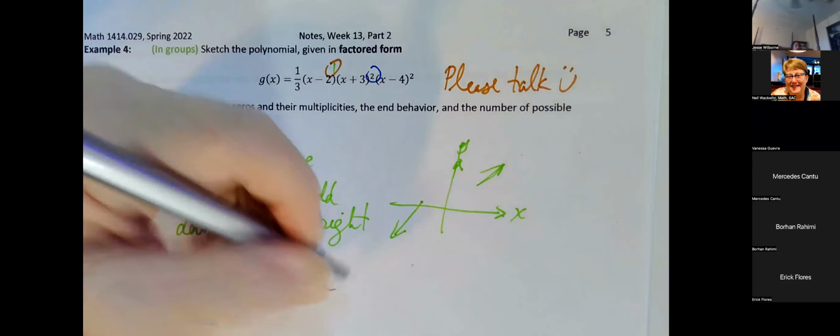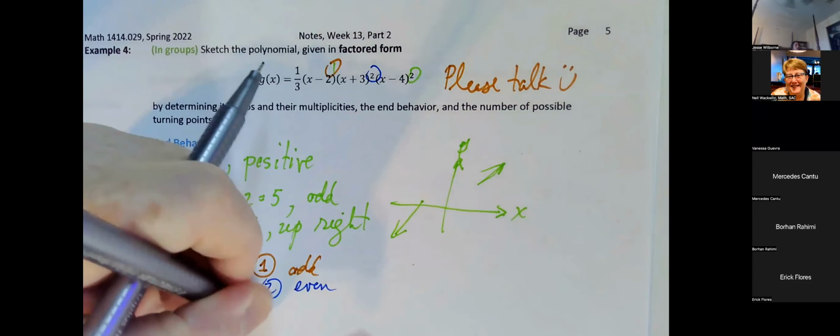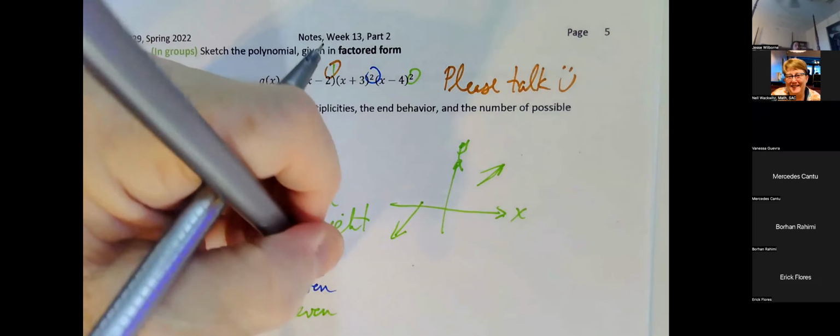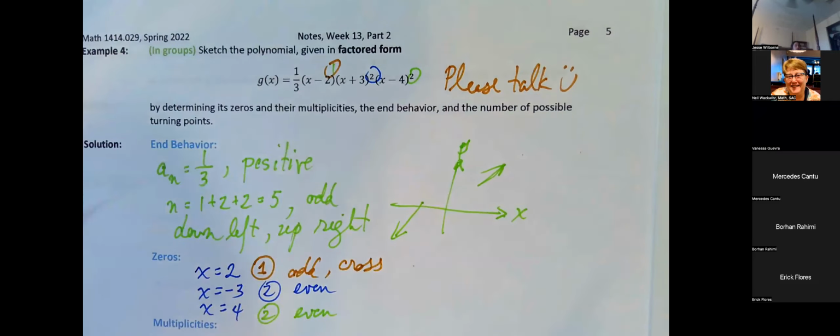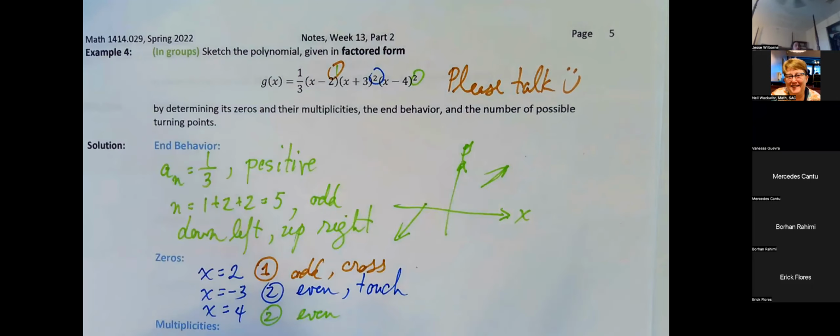And the multiplicity of 4 is also 2, which would also be even. So that means at (2, 0) we would go through it. At (-3, 0), it would touch it, and at (4, 0), it would touch it as well.